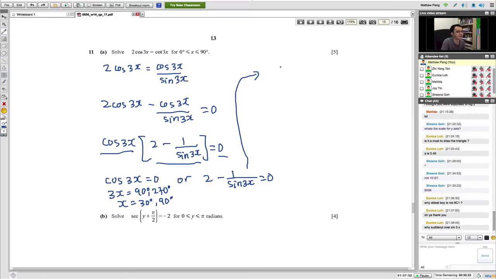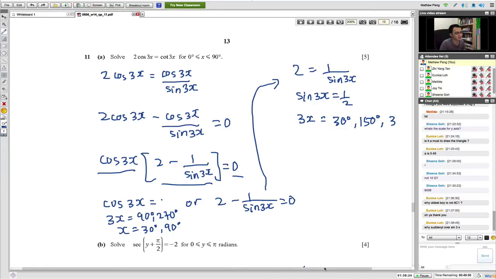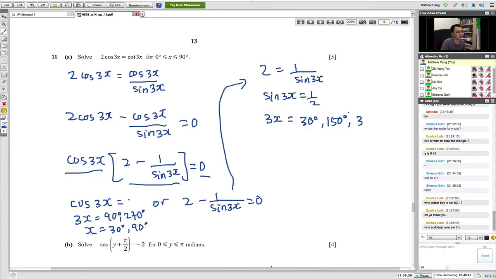This other one you need to solve also, so I will go up here to solve. Therefore 2 equals 1 over sine 3x, so sine 3x will equal 1 over 2. Then sine gets positive 1 over 2 at 30 degrees, and in the second quadrant, 180 minus 30, which is 150. And let's try to rotate one more round. If I rotate one more round, it will be 390, but I think the last one will be rejected, because it's more than 90 already.